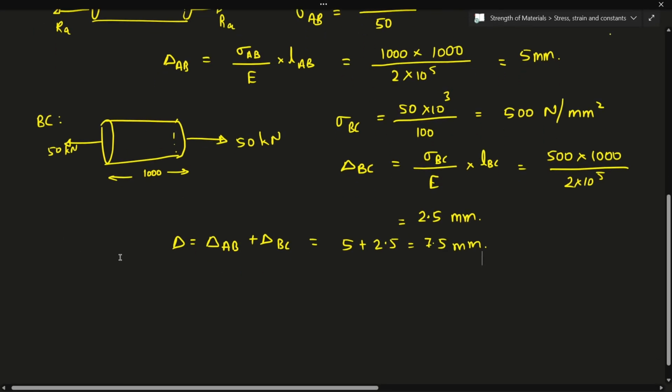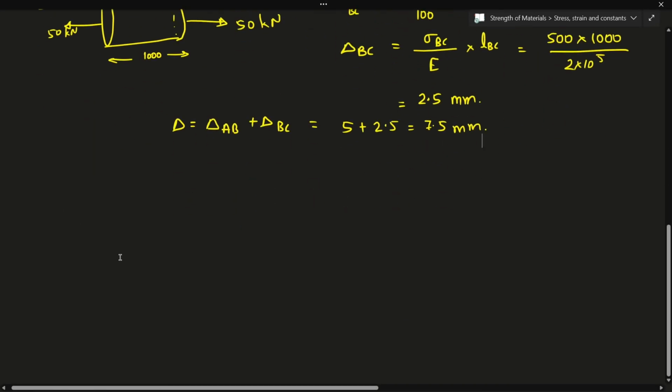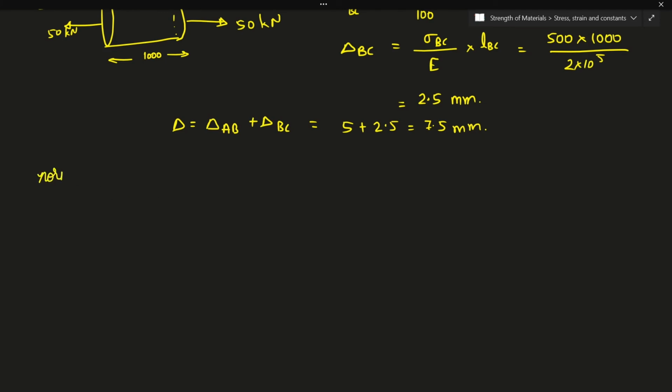Now for the graphs, so firstly normal force. For the normal force, if I have A, B and C here, at A again I'll have the force as 50 kilonewton, again at B also the same thing, C also the same thing, so a simple thing.